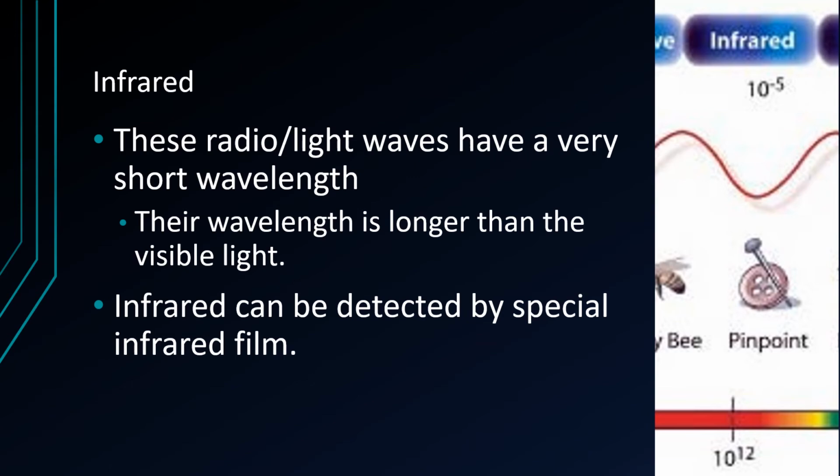So now moving on to infrared. You're probably most familiar with these in your television remote. So these radio/light waves have a very short wavelength. Their wavelength is a little longer than the visible light spectrum, so we cannot see it, but it can be detected by special infrared film or even by animals and military technology like night vision goggles and things like that.